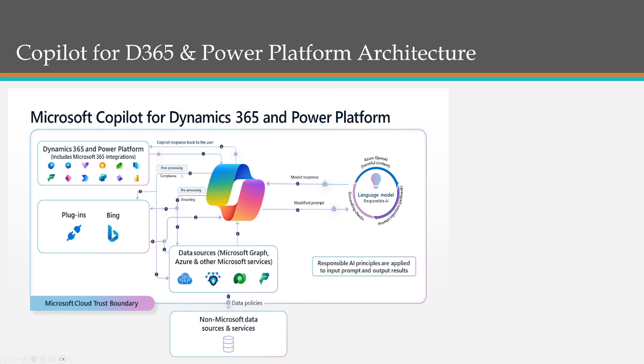The sequence is also similar. When the user goes to one of these modules and Copilot is enabled, and they send a prompt to the Copilot, Copilot first goes to Bing, or if they have any plugin, it searches that information. Then it goes back to the Copilot and goes to the data sources such as Azure, Power Platform, Dataverse, and other things, and it creates a graph, Microsoft Graph, and sends that information again to the LLM, large language models.